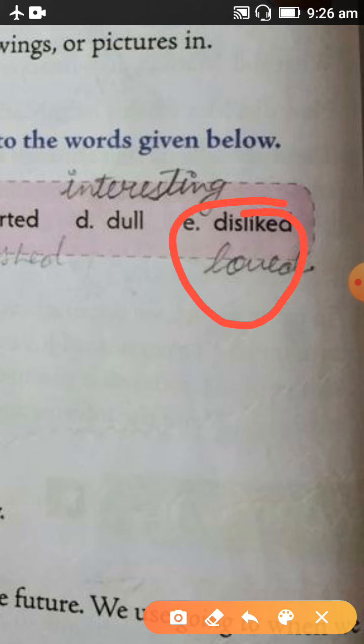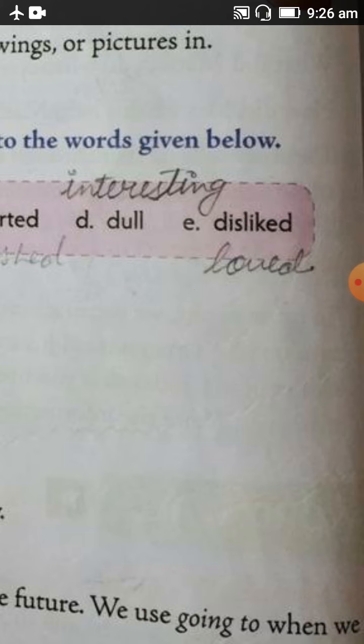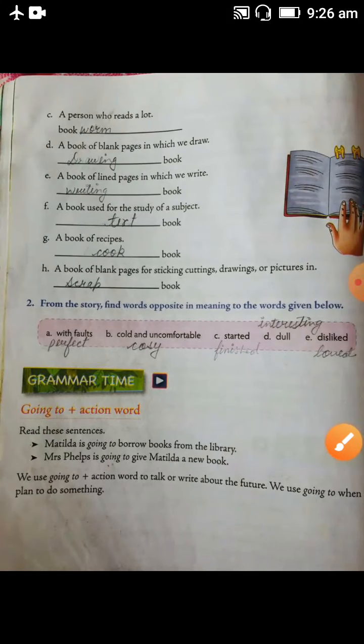So this exercise you have to do in your fair notebook as your homework. As well as you have to fill in the book the way it is filled, and you have to do the same in your notebook.